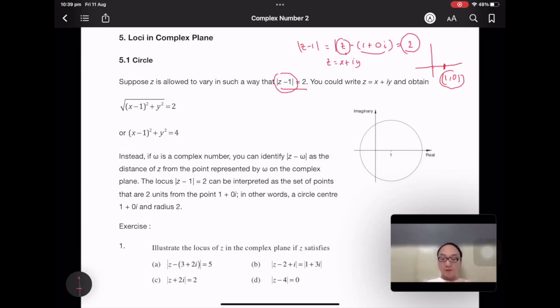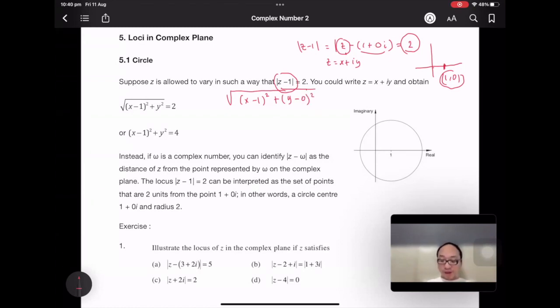To find the distance between z and the coordinate here, we can use Pythagoras. So it's x minus 1 squared plus y minus 0 squared.